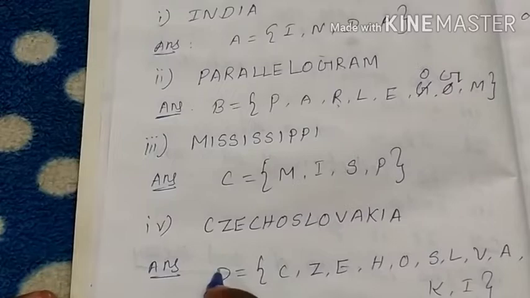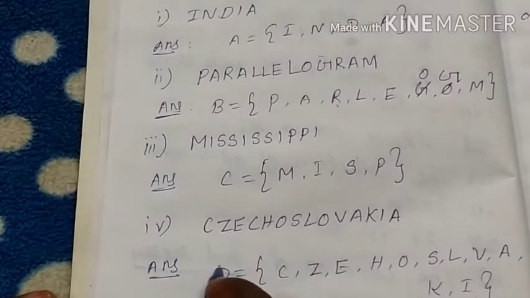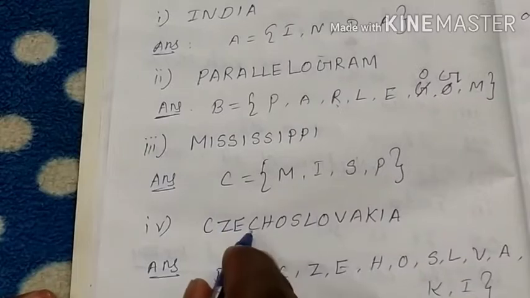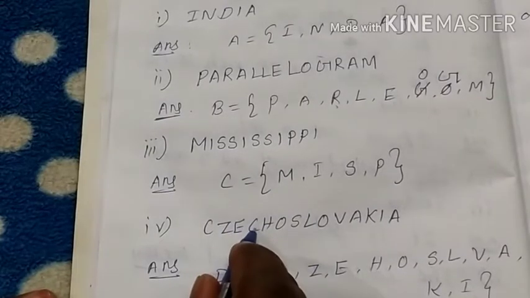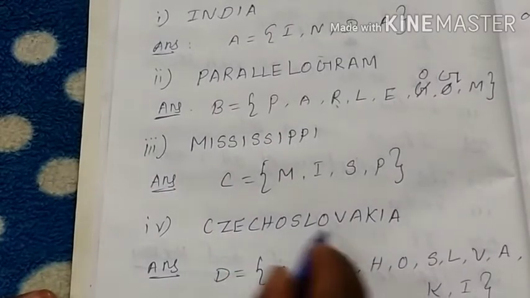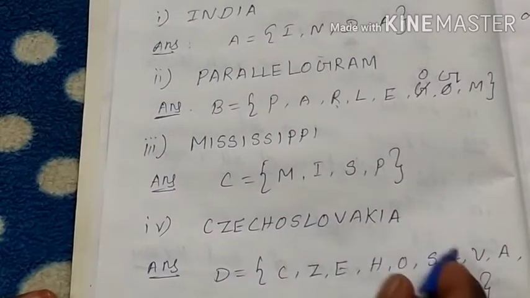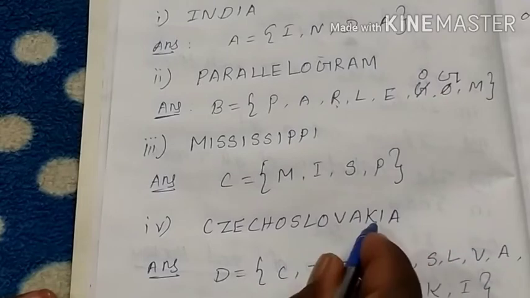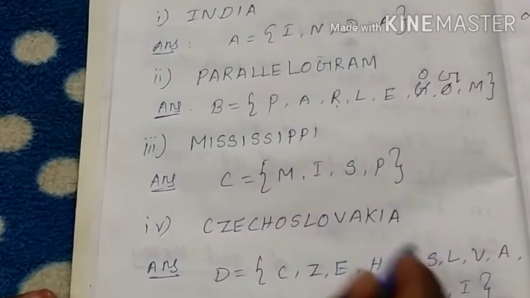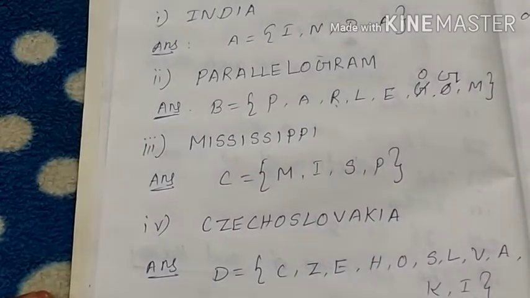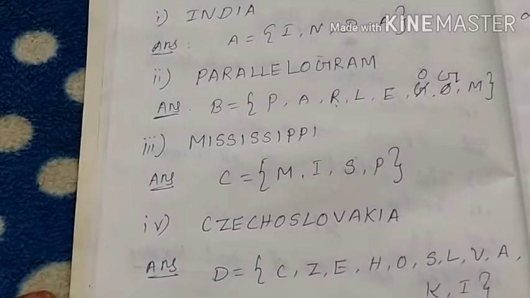The set is defined by D, which is equal to the set of all the letters: C, Z, E. C already exists. Then H, O, S, L. O already exists. Then V, A, K, I. A already exists. That's all the answer. Have you understood the roster form?